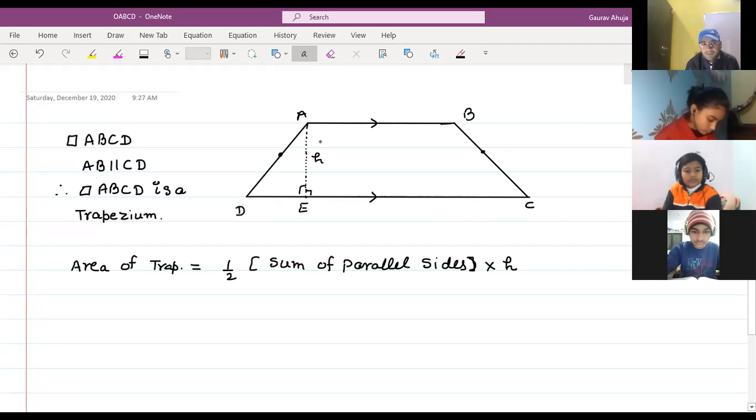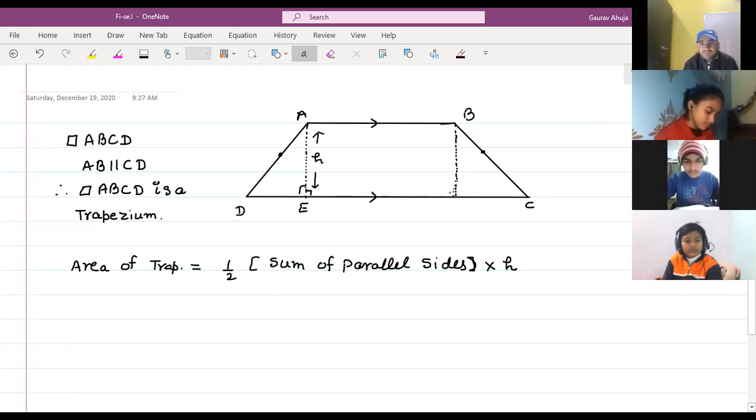Where h is the perpendicular distance between these two parallel lines. Suppose someone says, sir, draw a perpendicular from B to CD. Look, this became a snake-type curve. I don't want to make a curve, but I'm trying to draw a perpendicular. I cannot use a scale right now.